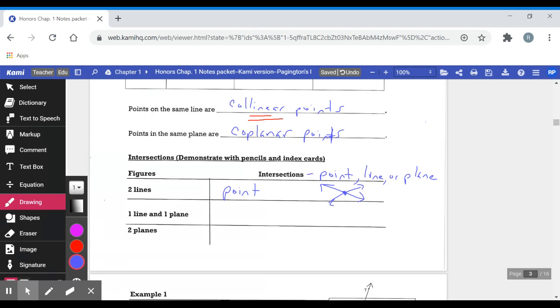They just touch each other at one spot, which is therefore a point. And then two planes. Again, if you hold two index cards and act like one is colliding with the other, you can see that they are touching each other at a lot of points that are all in a straight line. So they would intersect at a line. All right, let's keep moving.